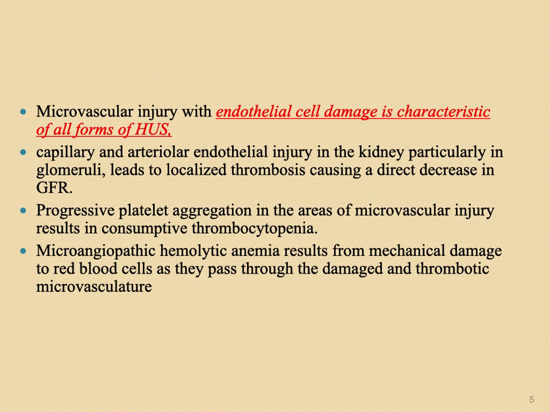That will explain the occurrence of acute renal injury. With progressive platelet aggregation in areas of microvascular injury, this will result in a consumptive thrombocytopenia, and microangiopathic hemolytic anemia, which results from mechanical damage to the RBCs as they pass through damaged and thrombotic microvasculature.